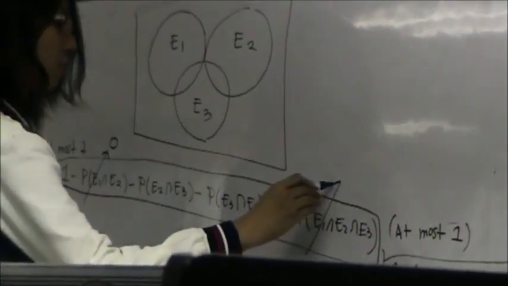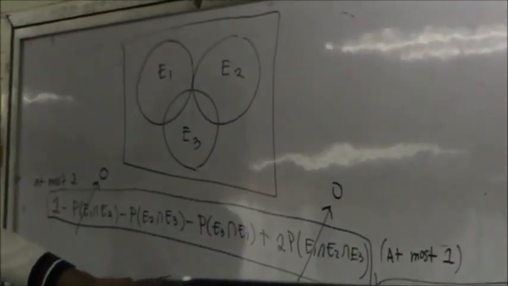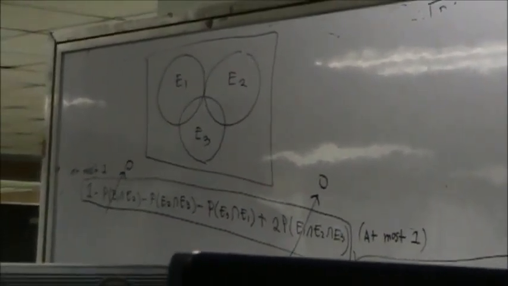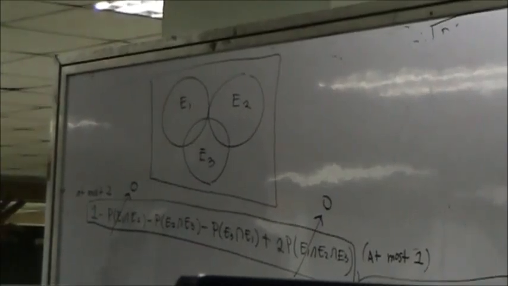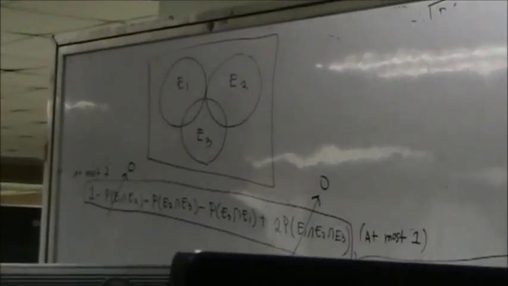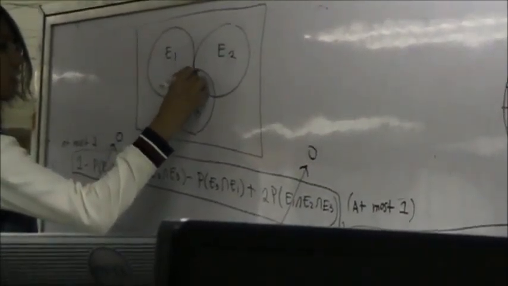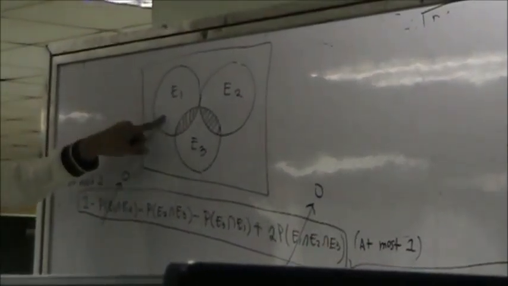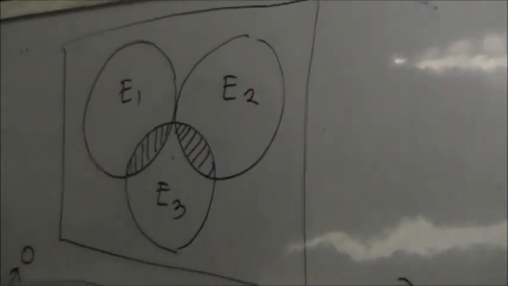Make things easier. Does it make sense that at most one is just everything except this and that? Yeah, does make sense, right? At most one. This is at most one, 0, at most one, and at most one. It does make sense.